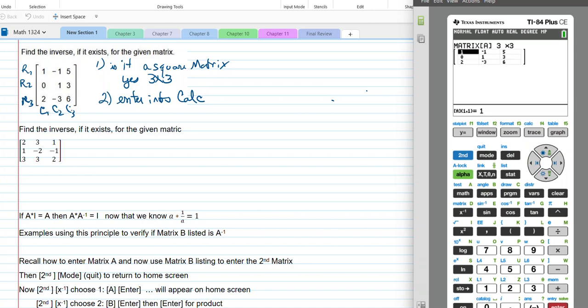Now I'm going to check before I go forward by column. 1, 0, 2, -1, 1 and -3, 5, 3, and 6. I'm good. So I'm going to go second quit.